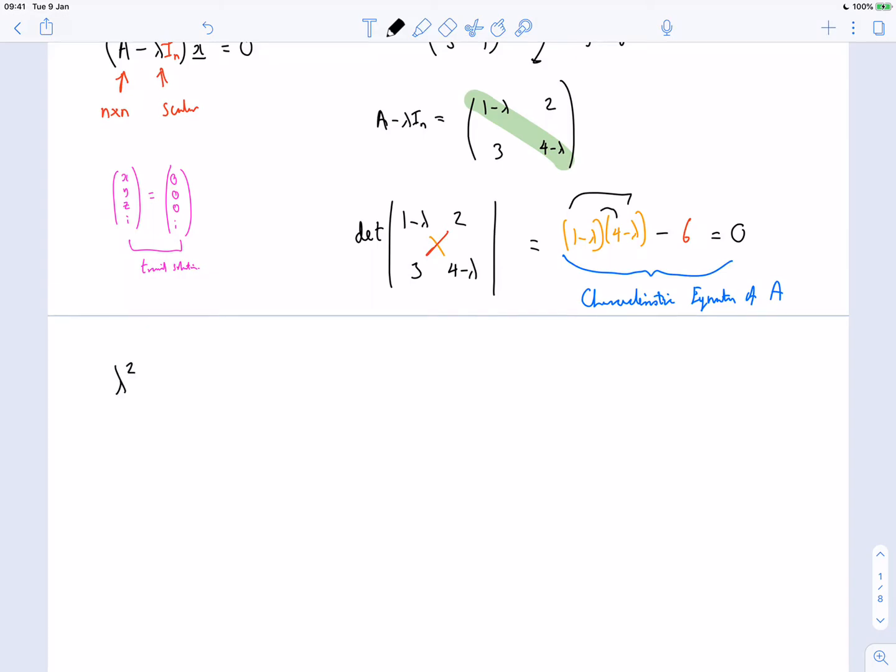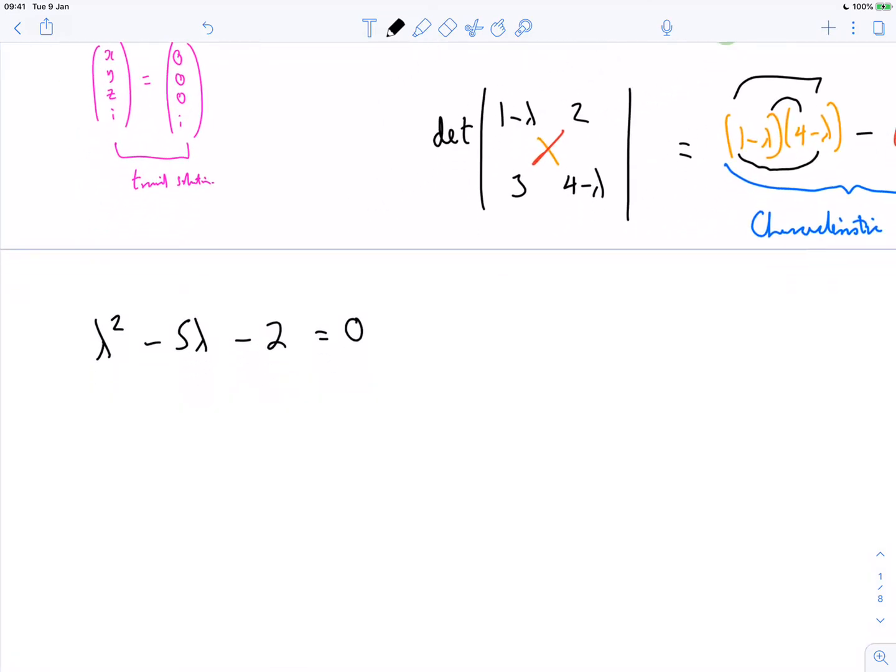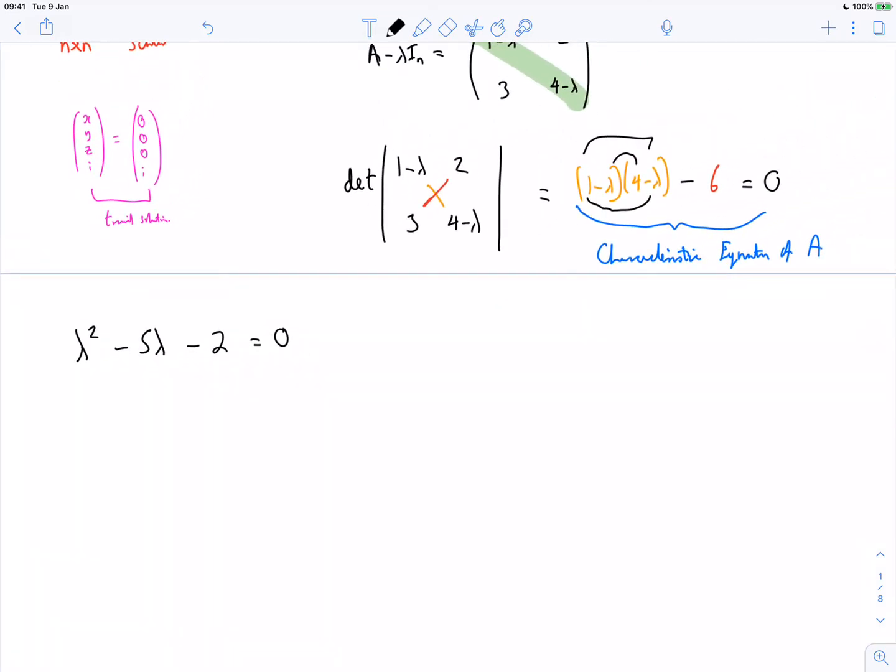I'll have 4 times minus lambda, so it's minus 4 lambda. Minus lambda times 1, that's another minus lambda, so that's minus 5 lambda. I'll have 4 times 1, which is 4, but then I'll have a minus 6, that becomes minus 2. So now I have lambda squared minus 5 lambda minus 2 equals 0. Okay, and now we just solve for lambda. Maybe there's solutions, maybe there's not. I just made this up on the spot, so who knows?